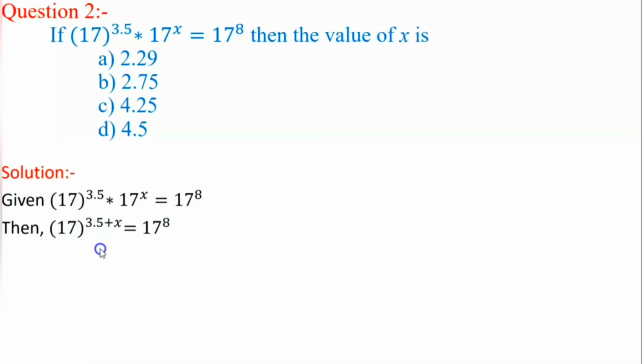Now again you can see that the base is equal, so you can just equate the powers. So you will get 3.5 plus x equal to 8. This means x is equal to 8 minus 3.5, which gives x equal to 4.5. So for this question, option D is correct.